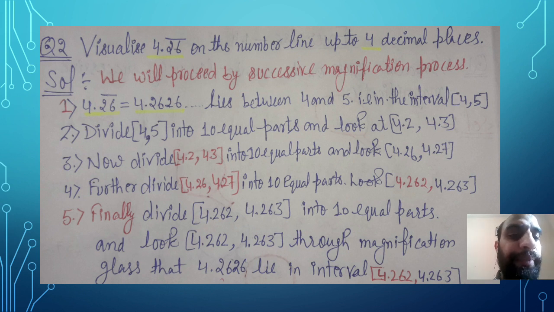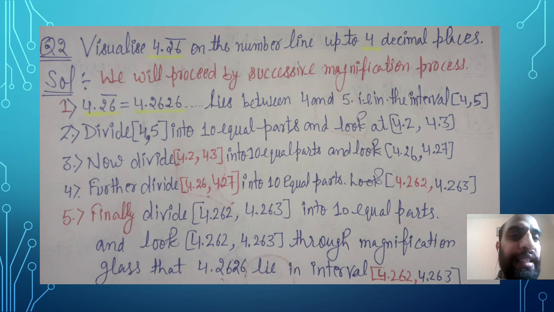Then further divide 4.26 and 4.27 into 10 parts. Then look at 4.262 and 4.263. Now finally divide 4.262 and 4.263 into 10 equal parts and look at the division parts of these two intervals. You will get in between the answer, that is 4.262.